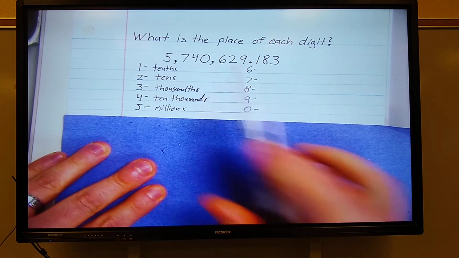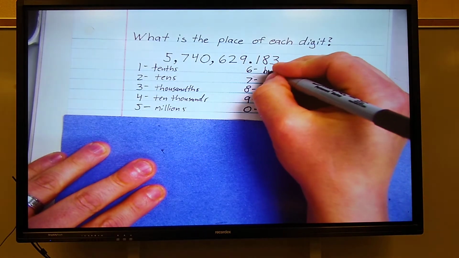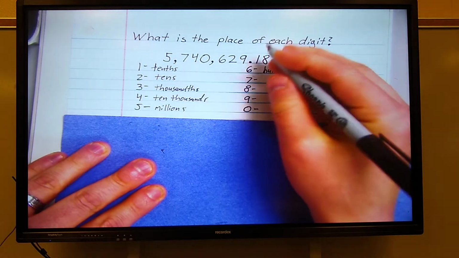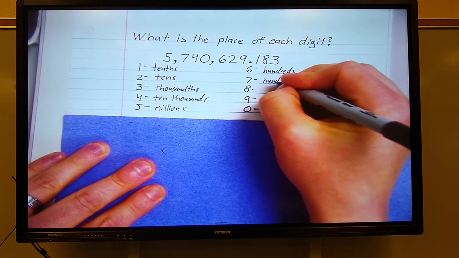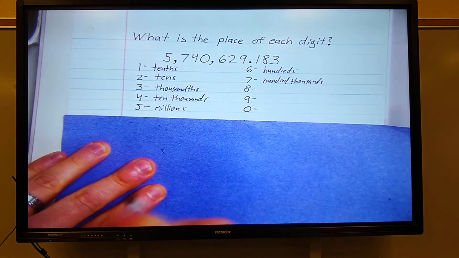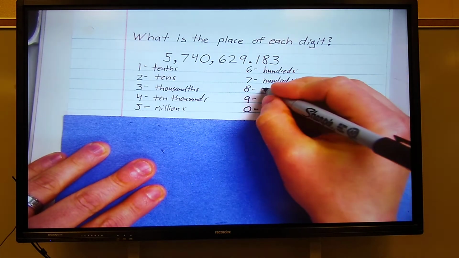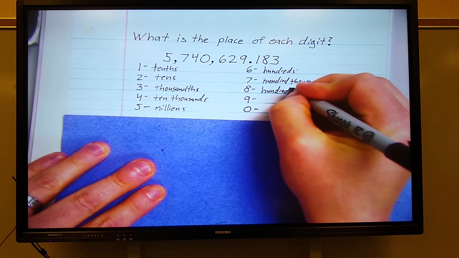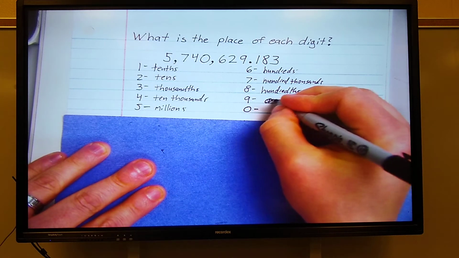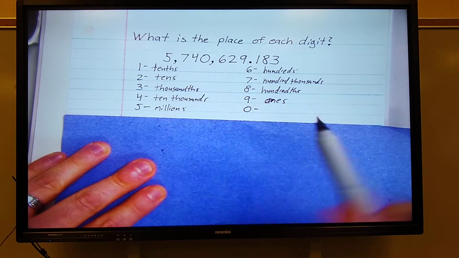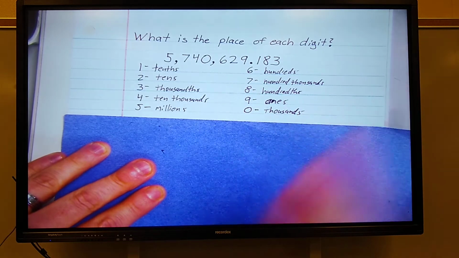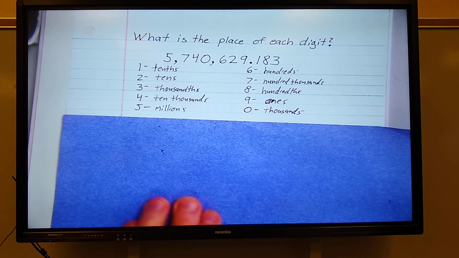Number six, that is the hundreds. Number seven, that is the 100,000s. Number eight, that is the hundreds. Number nine, that is the ones. Oops, can't spell. And the zero is the thousands. All of that should have been very easy because it's the first thing I taught you this year.